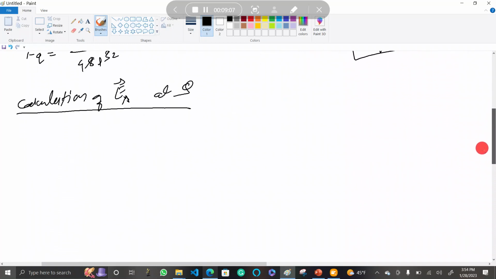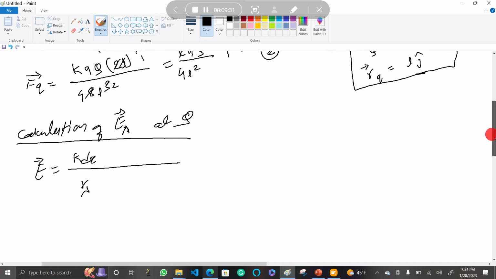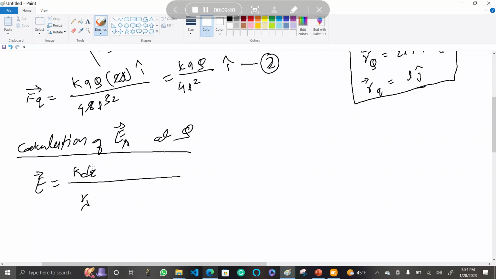So as you know, the formula of the electric field is k dq over r minus r lambda, the position vector of the dq element, whole cube.